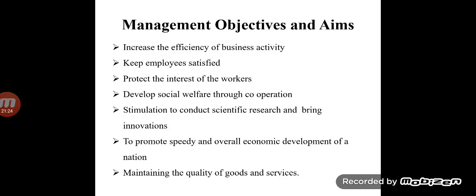Last point is maintaining the quality of goods and services, or ultimately we can say that they are managing one level of quality and services, so that the organization will get benefit. For example, if you are purchasing the product of any brand, like drinking soft drinks of the Coca-Cola brand, the taste of Coca-Cola is the same everywhere in the country.